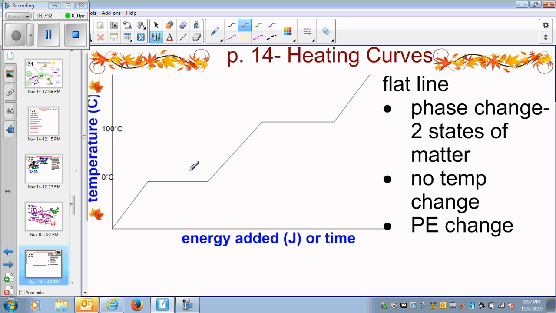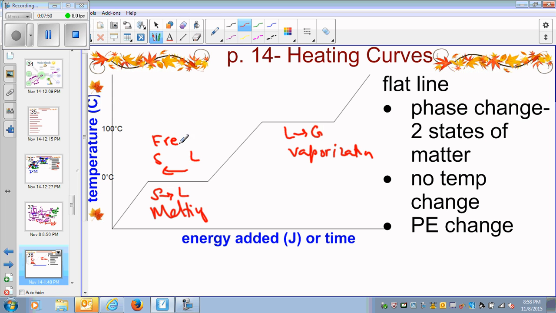We have phase changes, vaporization, backward, and we have kinetic energy that changes here whenever there is a temperature change, and potential energy changes here.